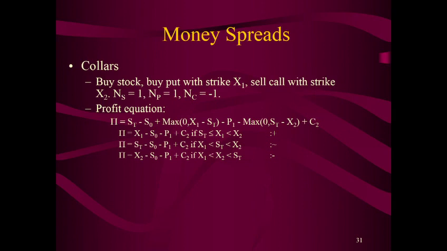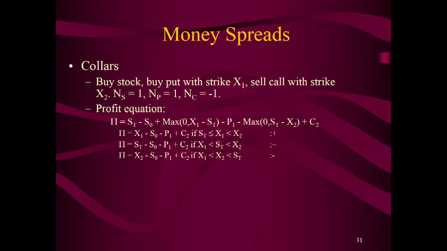So if you look at the strategy here, where do you think your strike price is going to be? So essentially what a collar is trying to do is it's trying to protect your profit, right, with a put.